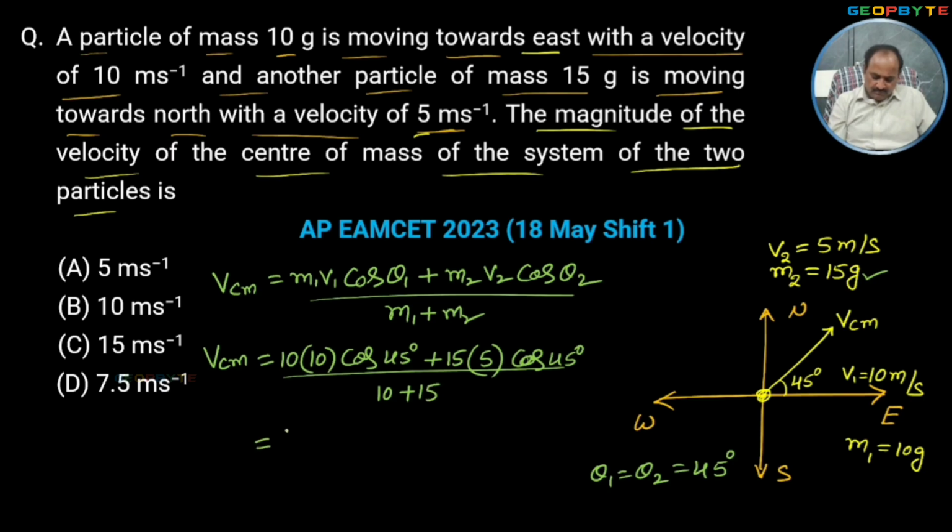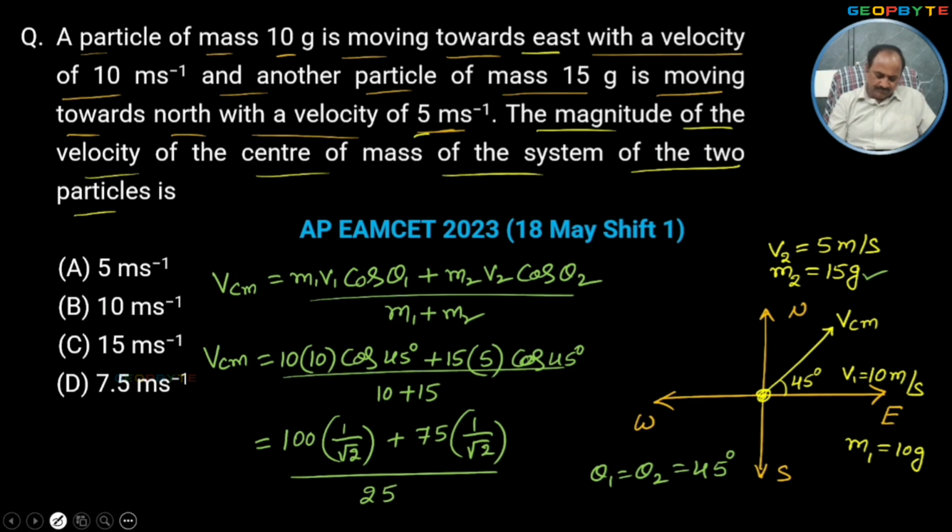That is equal to 100 cos 45, 1 by root 2, plus 15 into 5, 75 into 1 by root 2, divided by 10 plus 15, 25.